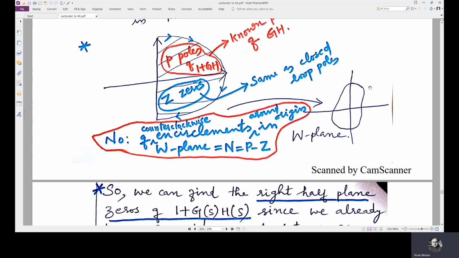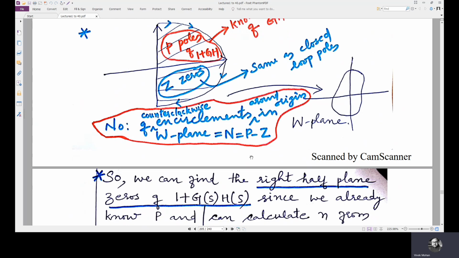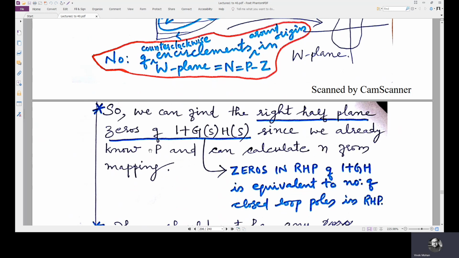So the number of counterclockwise encirclements around the origin in the W plane is given by P minus Z. If we know the open loop poles and the zeros of 1 plus GH, then we have P minus Z counterclockwise encirclements in the W plane. So now we can state the Nyquist stability criterion.